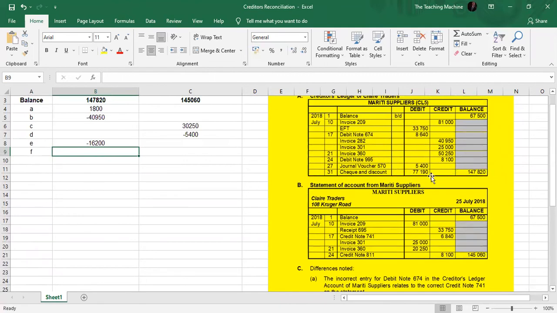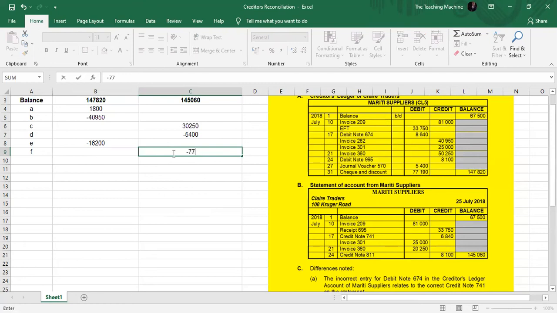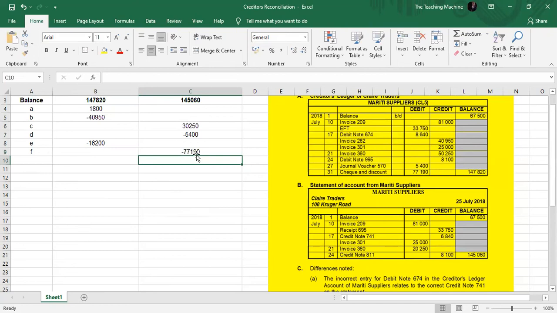This 77,000 was not recorded on this statement. So because it's a payment, we're going to say minus 77,119. So the supplier did not take note of this payment, did not record this 77,119. Now we need to add our totals and see if we're gonna have a corresponding amount.